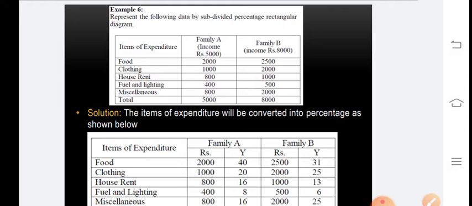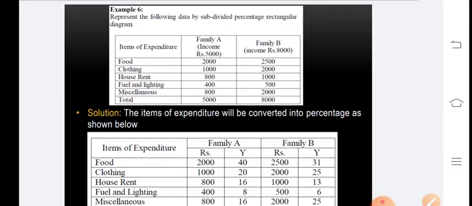Now see how the expenditure is incurred. For food, family A spends 2,000 and family B 2,500. Clothing is 1,000 for family A and 2,000 for family B. House rent is 800 for family A and 1,000 for family B. So expenditures are incurred out of the family income.